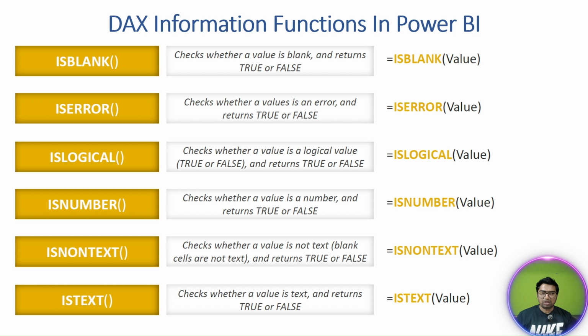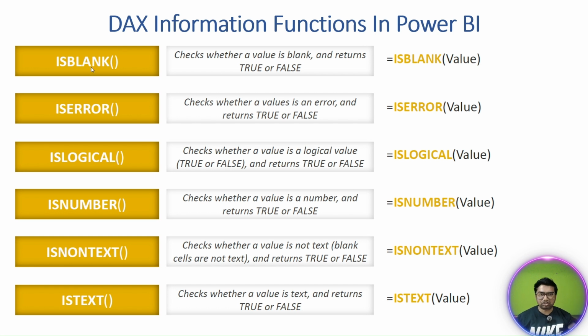So in this video, you will learn how to use information functions like ISBLANK, ISERROR, ISLOGICAL, ISNUMBER, ISNONTEXT, or ISTEXT to safely validate your data and build more reliable Power BI reports correctly. So come to the screen, let's understand how many information functions there are in Power BI.